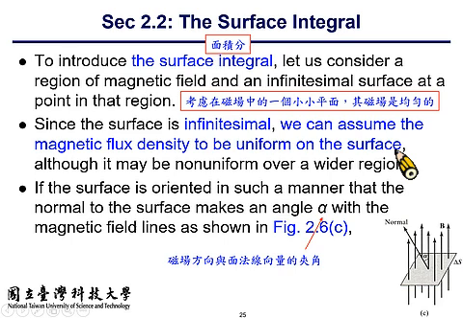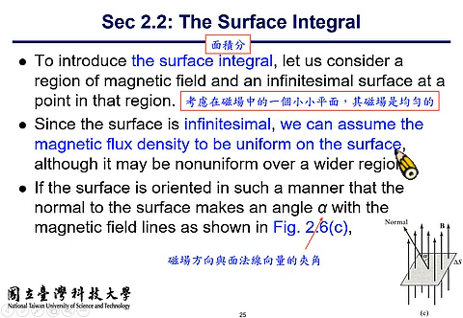On the other hand, if you orient your loop in this way, so that the normal of the loop is perpendicular to the direction of B, then you get nothing, because the orientations are transverse, 垂直, transverse.